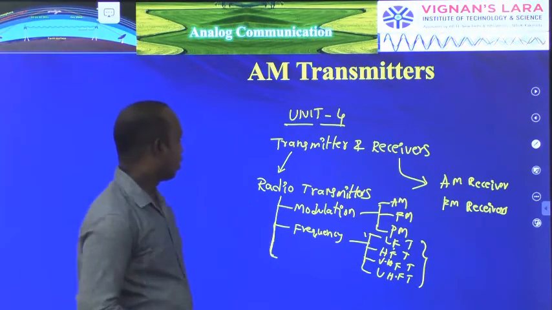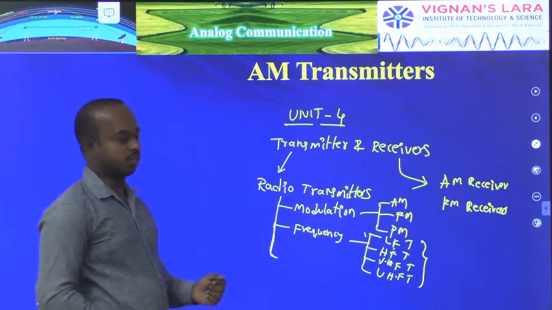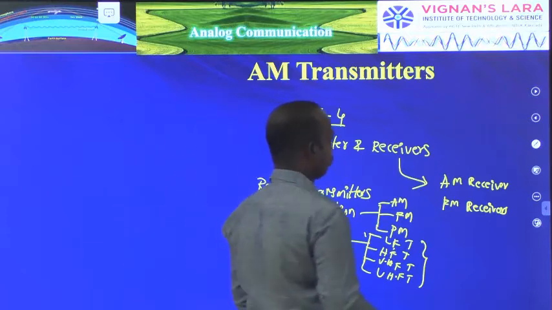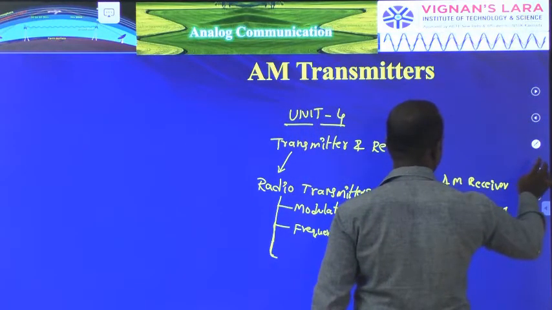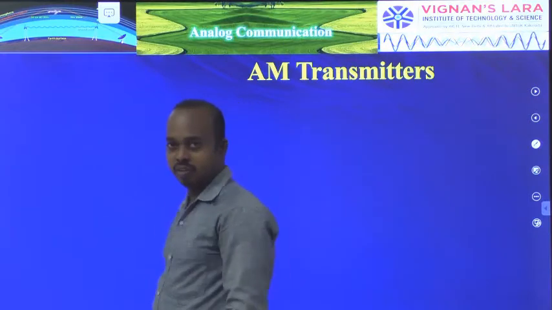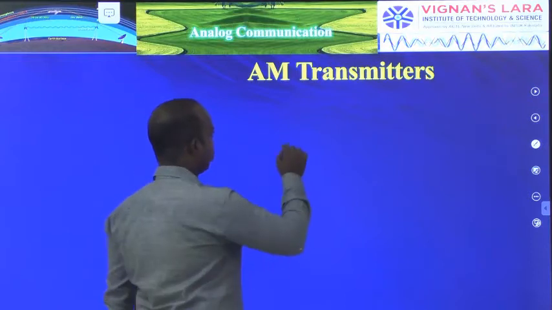Now we can discuss the first classification, AM transmitters. In AM transmitters, we mainly classify two types.